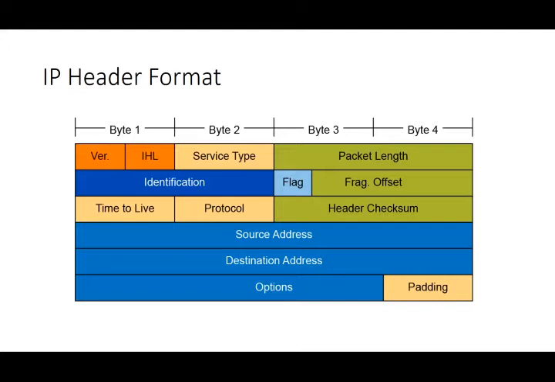The next field we have is the IP header length, or IHL. This also is a 4-bit field, and it contains the length of the entire IP header. The minimum length for an IP header is 20 bytes.